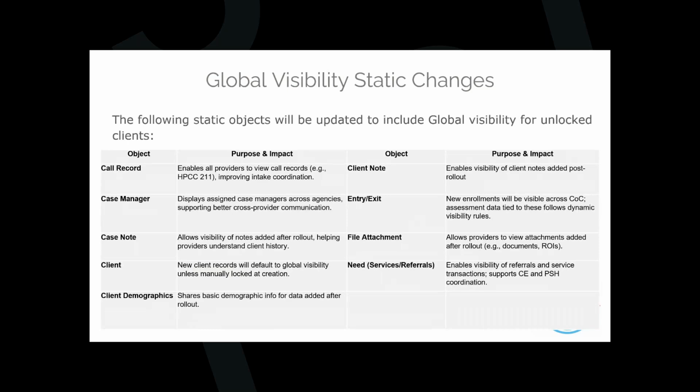Currently, only one agency in the system utilizes call records, which is the Homeless Prevention Call Center. Going forward, you are going to be able to see those records and enrollments. You're not going to be able to utilize the call function, but if a record exists for a client that was serviced by the call center, you'll be able to see those records and the dates.